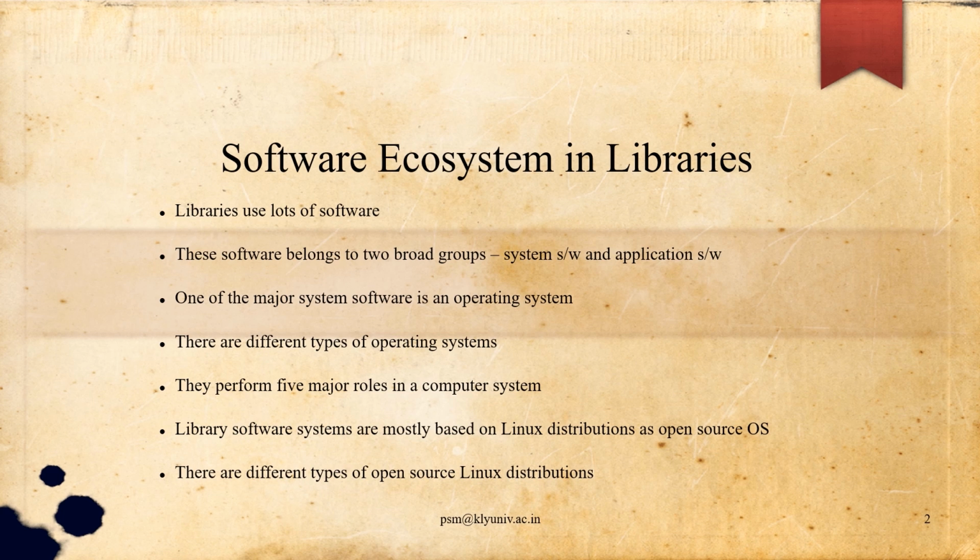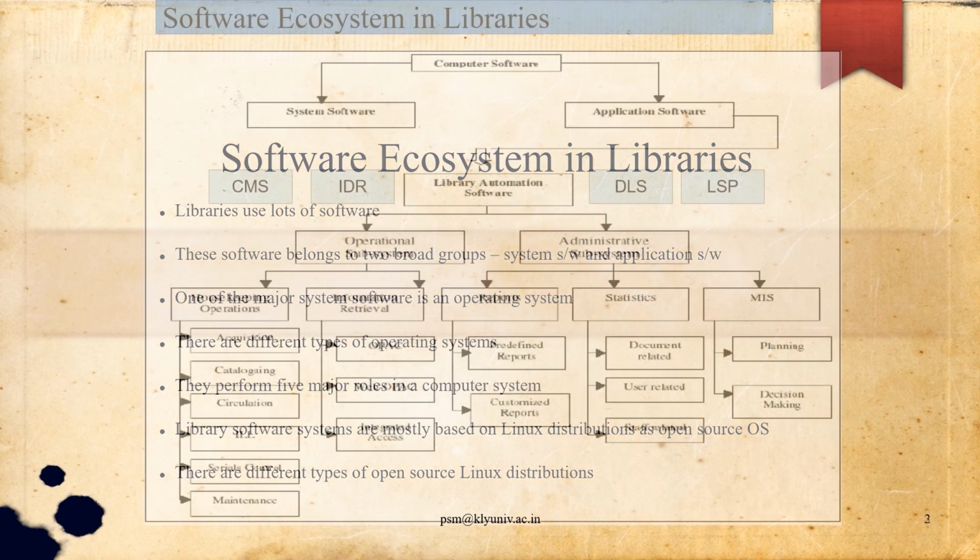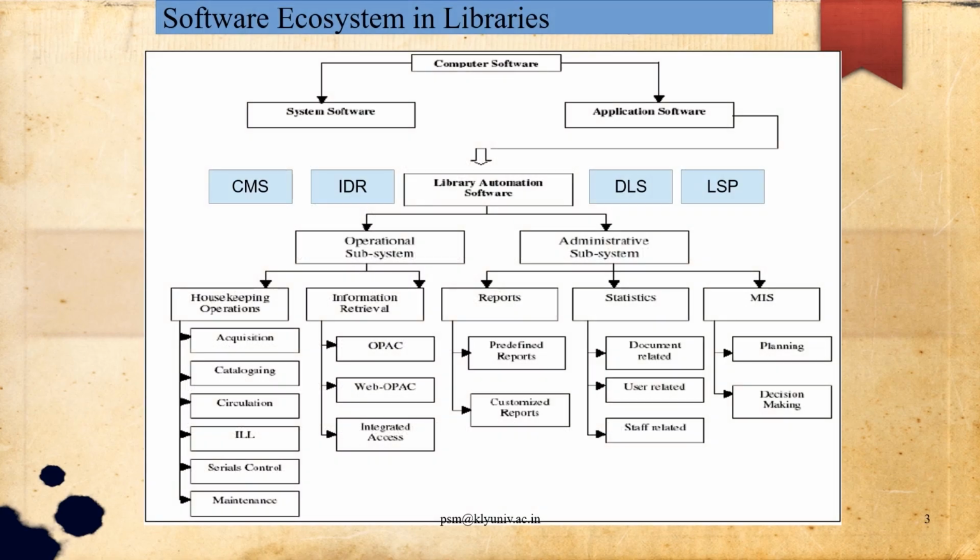Finally, we will land on a very important decision: as a library professional, what particular Linux distribution you are going to implement in your library and what the criteria should be for that. So let us now begin with the software ecosystem in a particular library.